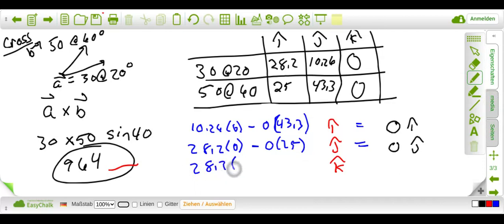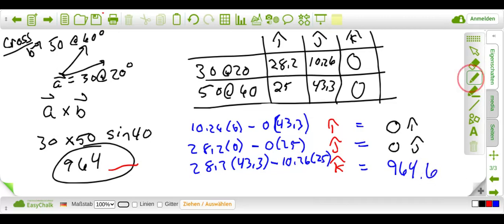28.2 times 43.3 minus 10.26 times 25. So you've got to get your calculator out and do that. 28.2 times 43.3 minus 10.26 times 25, and you end up with the value of 964.6.